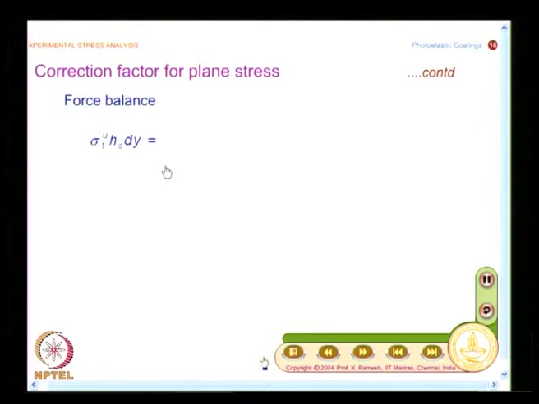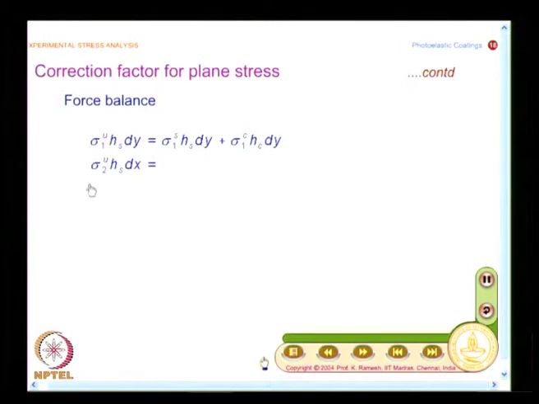There could be a force component from the coating and a force component from the specimen, and you will have the expression written down like this: sigma 1 s into Hs into dy plus sigma 1 c into Hc into dy.